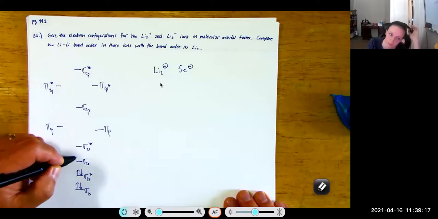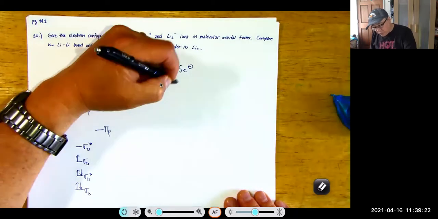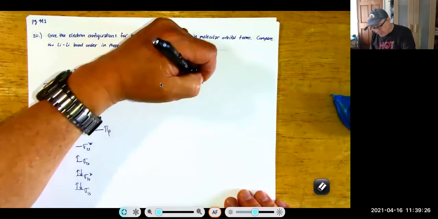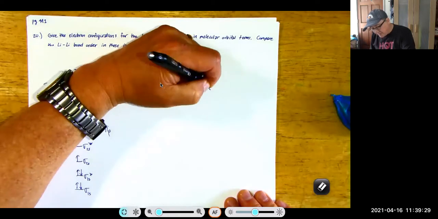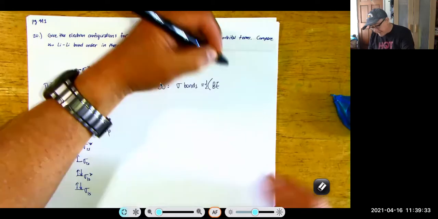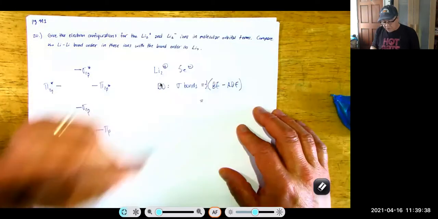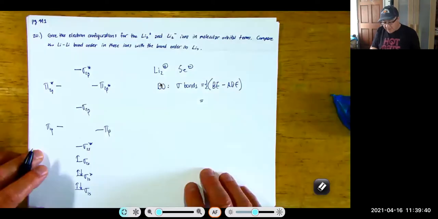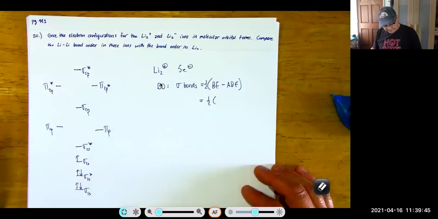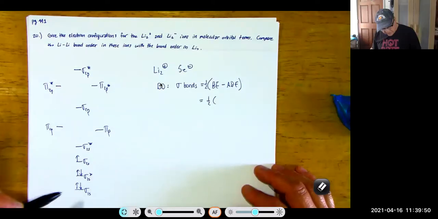And then sigma 2s. Okay, so let's look at bond order. First we're going to look at sigma bonds. So the bond order is 1/2 of the bonding electrons in the sigma bonds minus the anti-bonding electrons in the sigma bonds. How many bonding electrons do we have? 1, 2, 3.